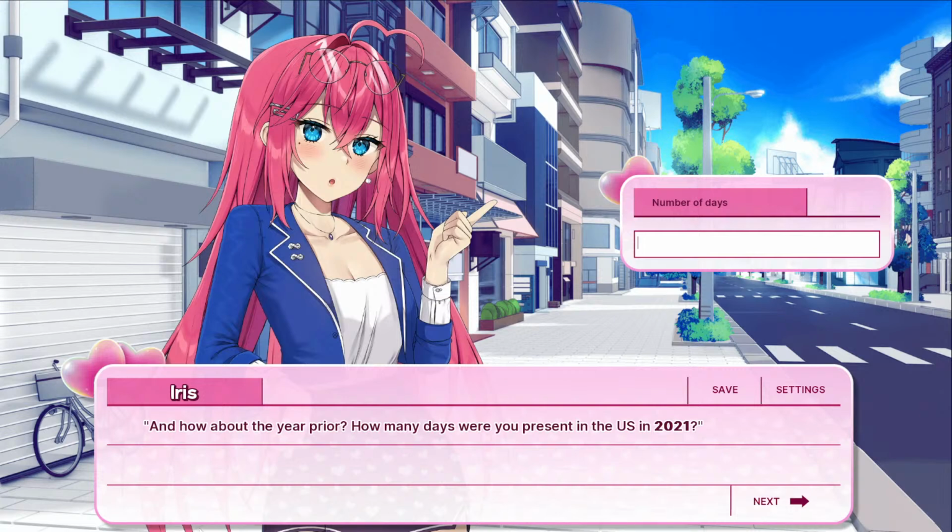Okay, wait. Let's calculate something. Calculator. Okay, so January 31 plus February, which wasn't a leap year in 2022, so 28, plus 31 again for March. That's 90 days. I said 105, right?